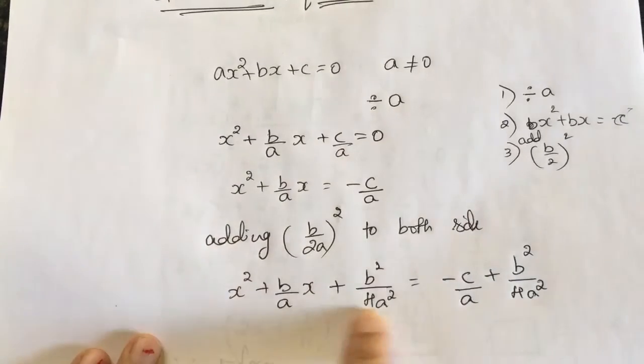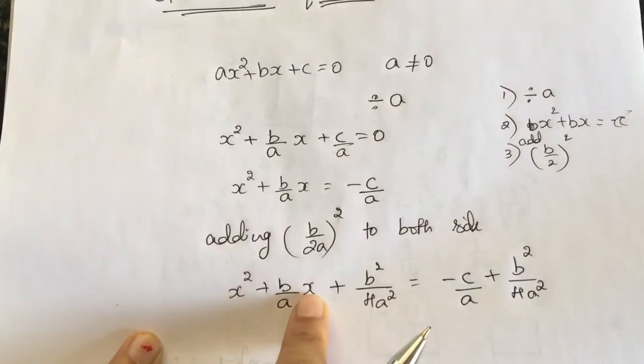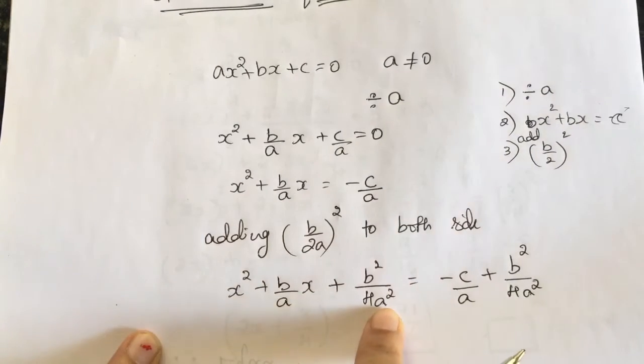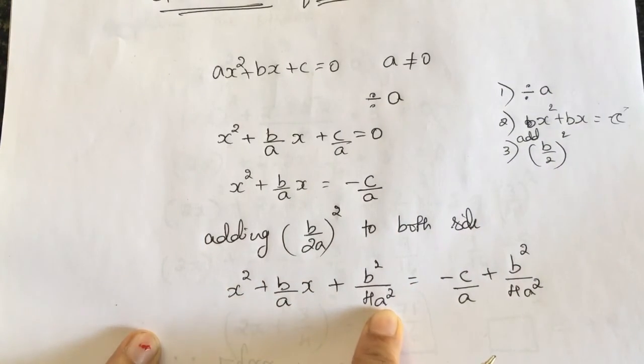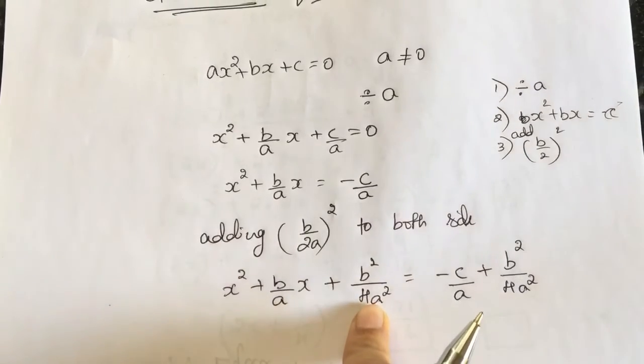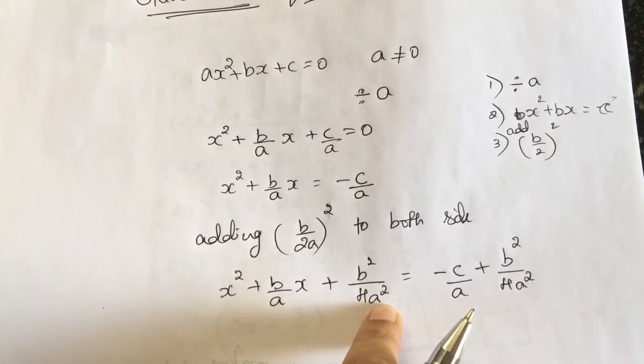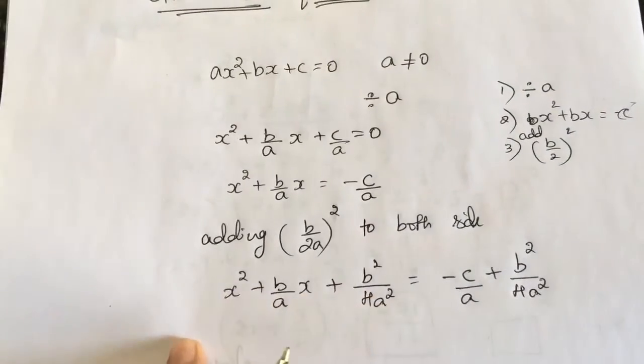Now this is a perfect square. In fact, x square plus b by a x plus b square by 4a square, you can write the 4a square as 2a whole square also. Then it will be a perfect square.